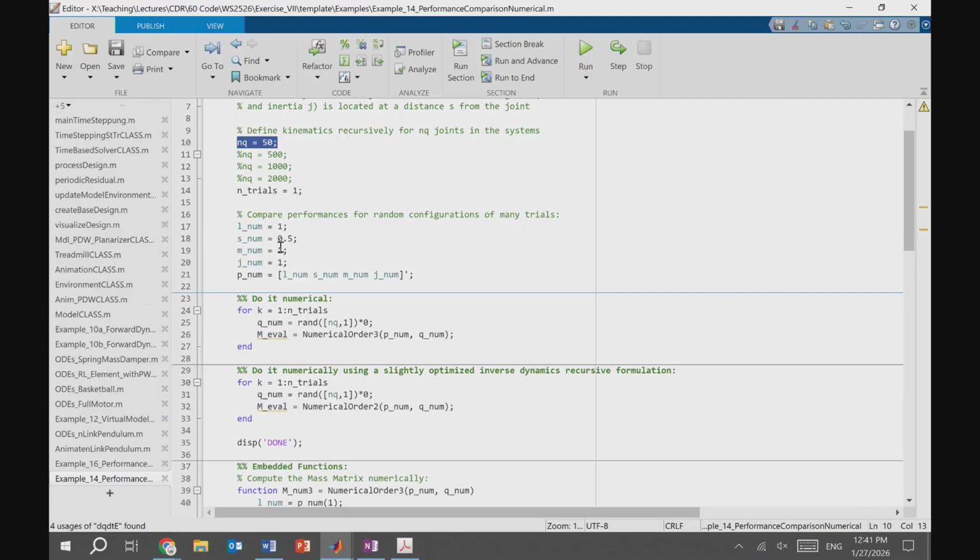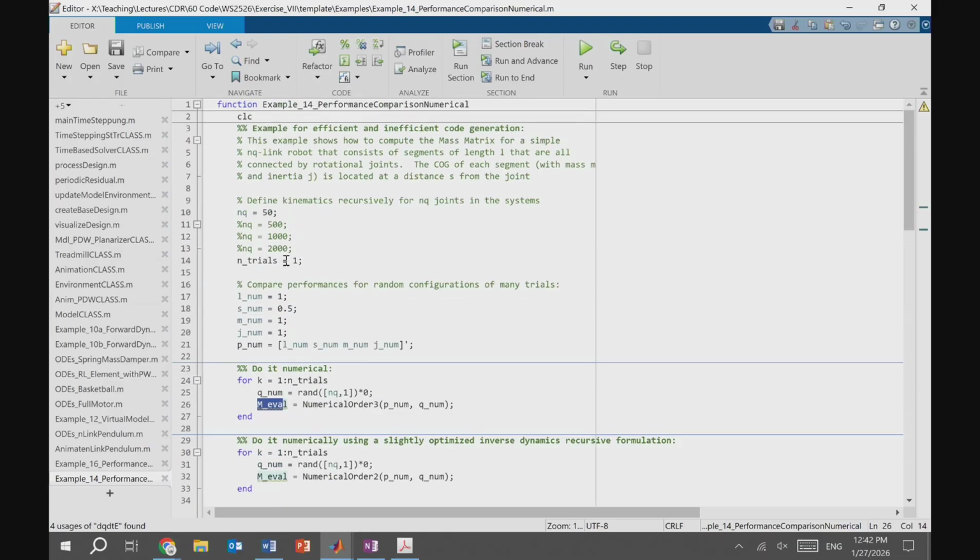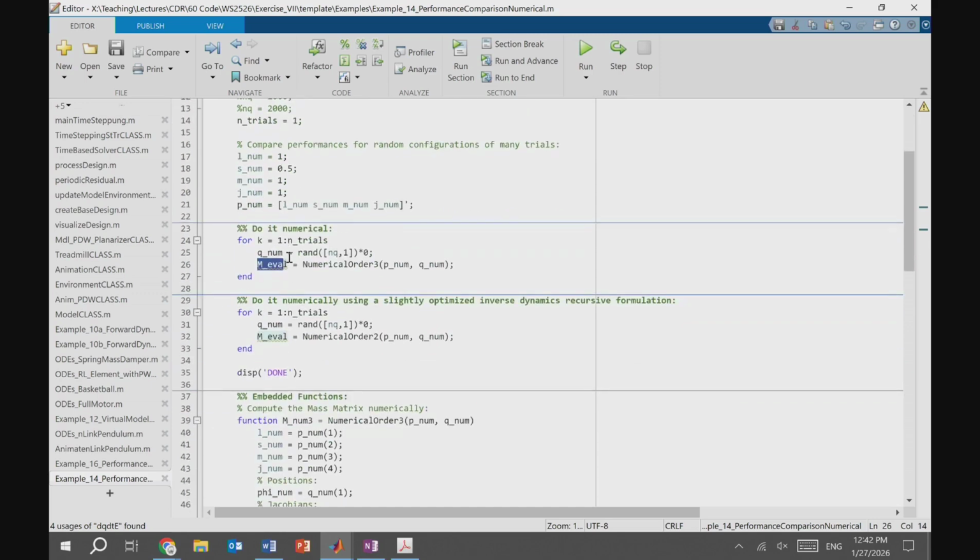Length is 1, center of mass is always smack in the middle, mass is 1, inertia is 1, just some random parameters. And then I will pick a random vector for these numerical values, and then evaluate the mass matrix n trials, but here n trial is just 1. So I'm computing one mass matrix for a very large system.